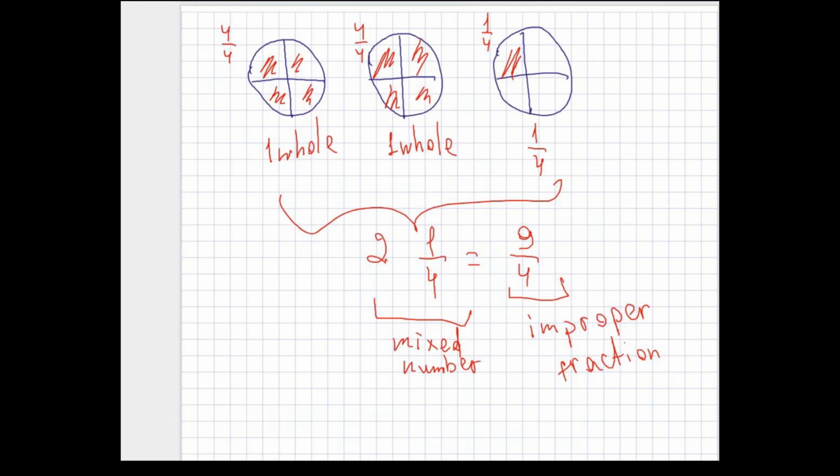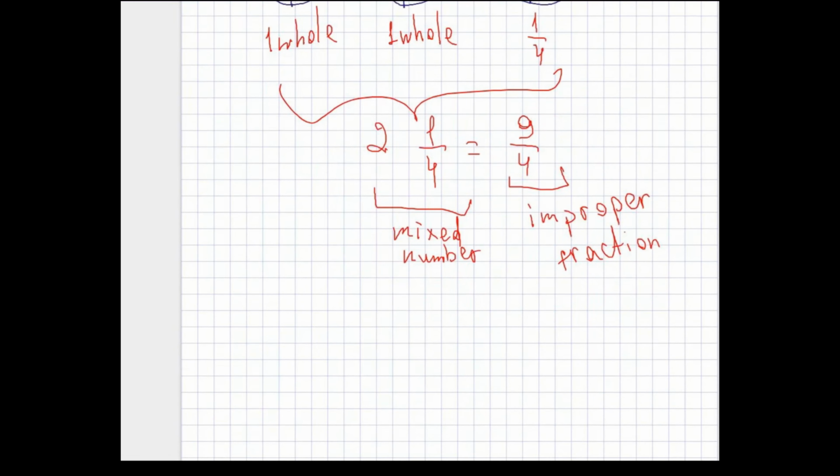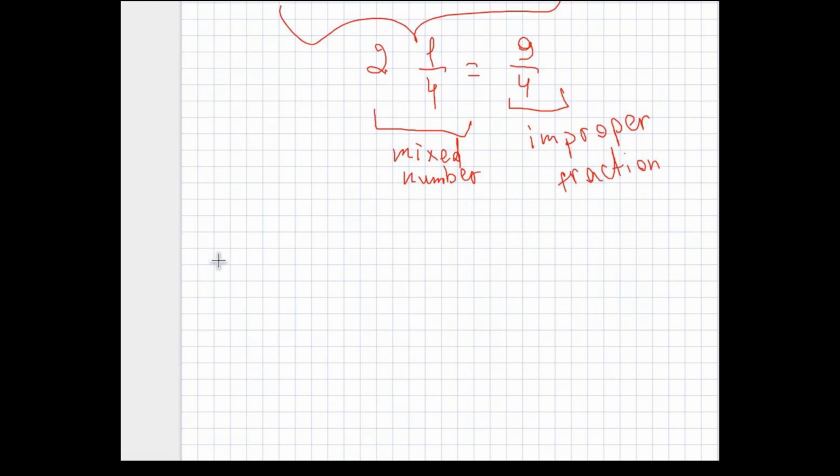fraction. Okay, what is a quick way, not to draw the pictures each time, to change a mixed number to an improper fraction? If I have 3 and 2/7, what does it mean?